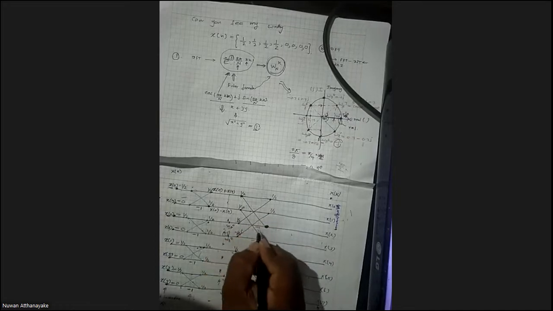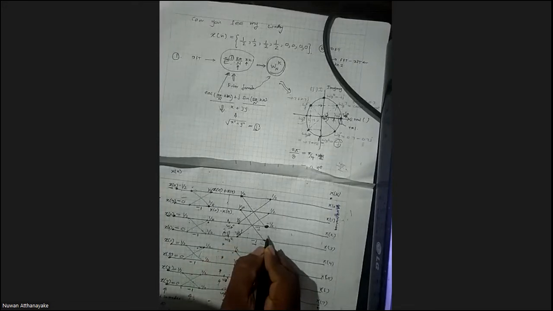So these are the values for this one. And what are the values here? There is no multiplication, so half. There is a multiplication by minus 1, so you will have minus half. Minus half J into minus 1, so you will have plus half J. You have the same value here.